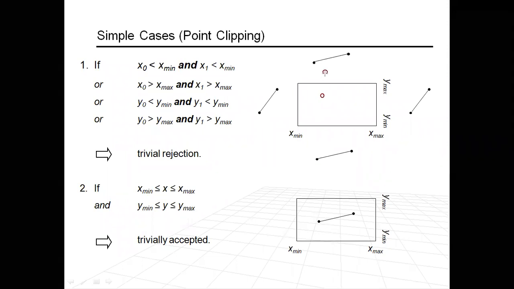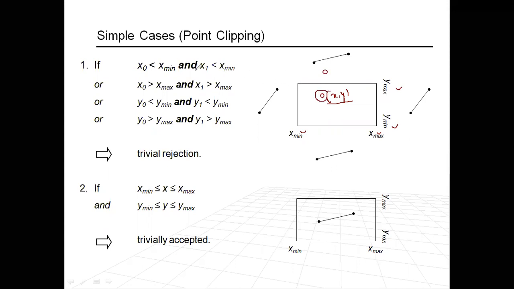Every point is provided with a unique address, that is the x comma y value. Simply by checking the x and y value against the inequalities of x min, x max, y min, y max, you can easily find whether this point is within the visible region or outside it.